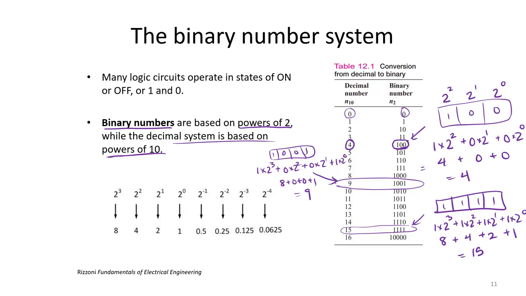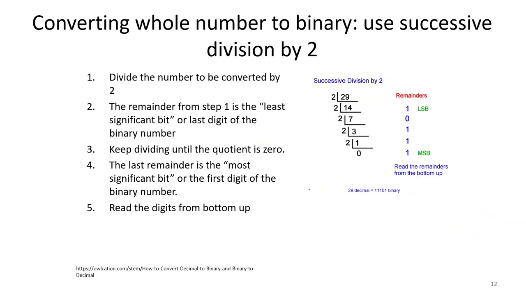So let's go ahead and show how to convert between whole numbers and binary numbers using an official procedure. One of the easiest ways to convert a whole number to binary is to use what we call successive division by 2. Essentially what we do is we divide the number to be converted by 2.